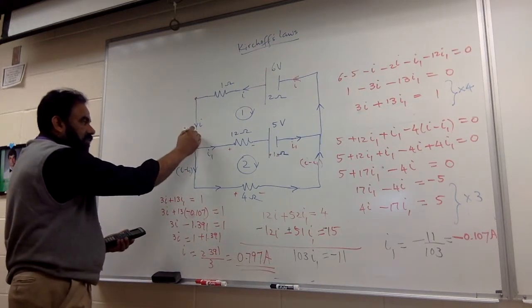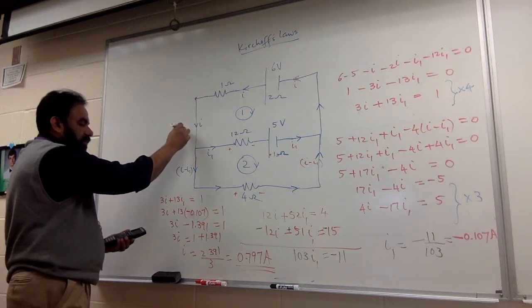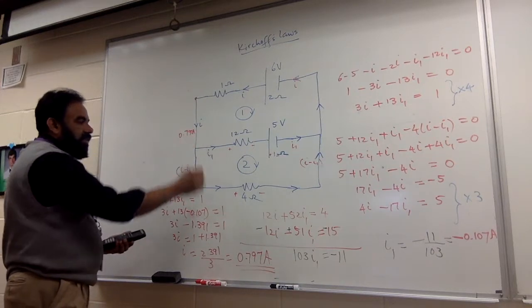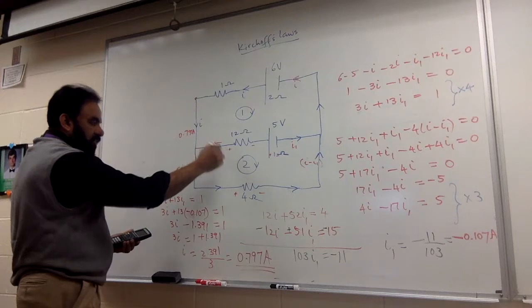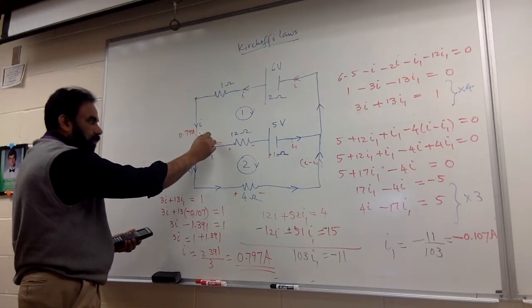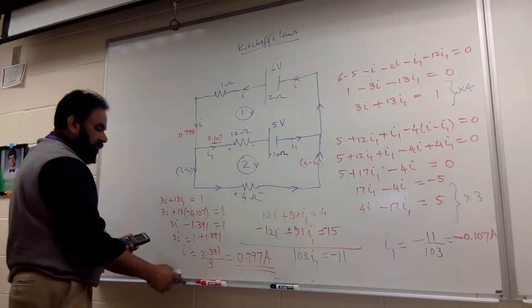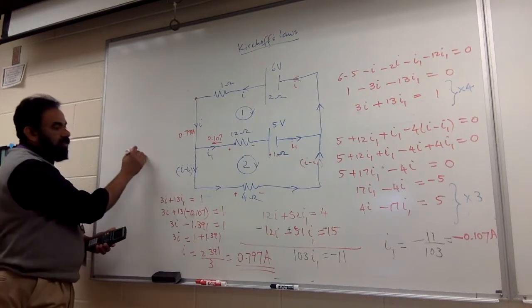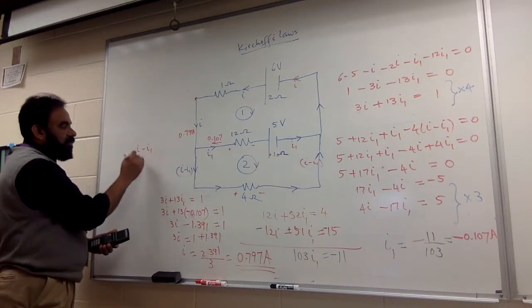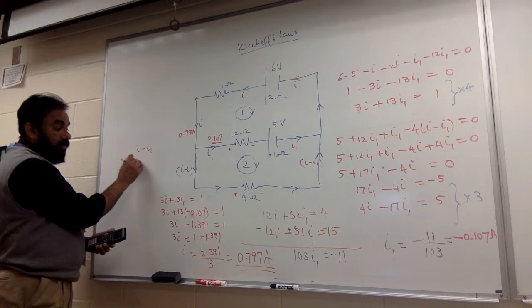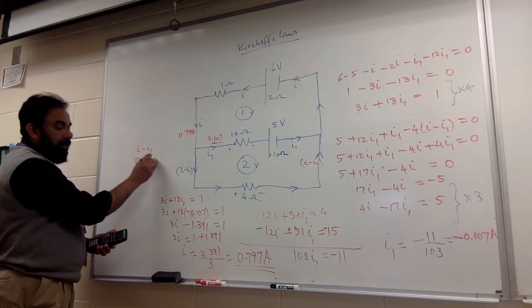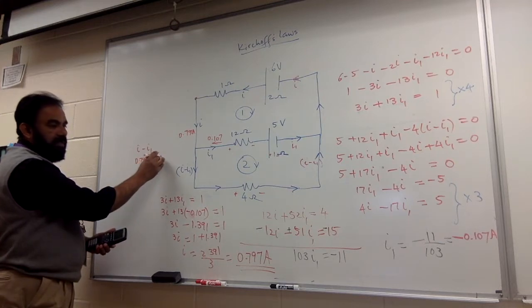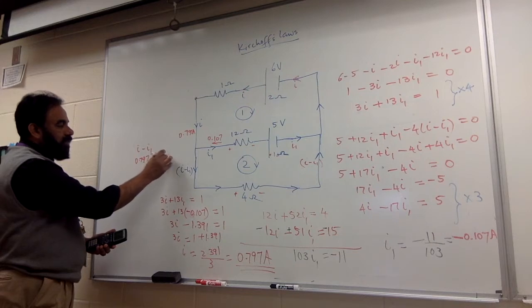So the current is in this direction, which is 0.797 amperes, and the current is in this direction, which is 0.107. And then if you want to find this, we have I minus I1, which is 0.797 minus of minus 0.107.